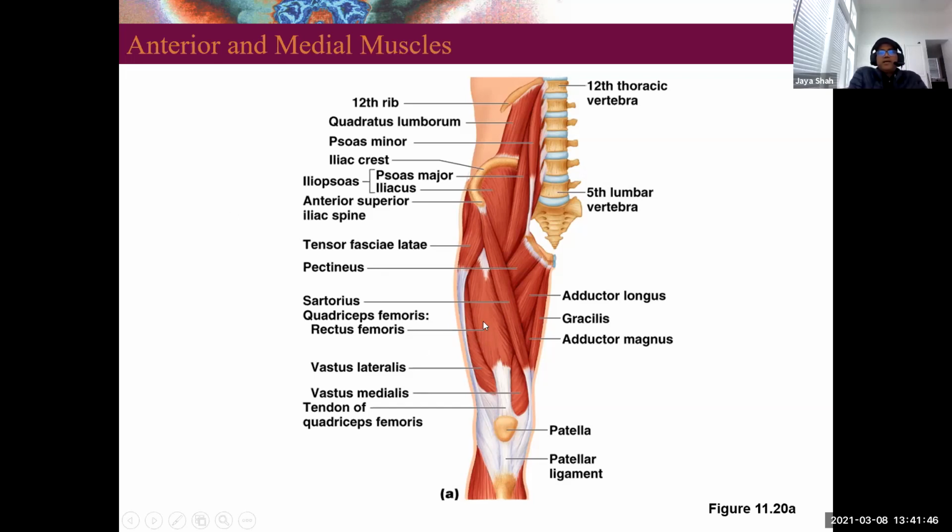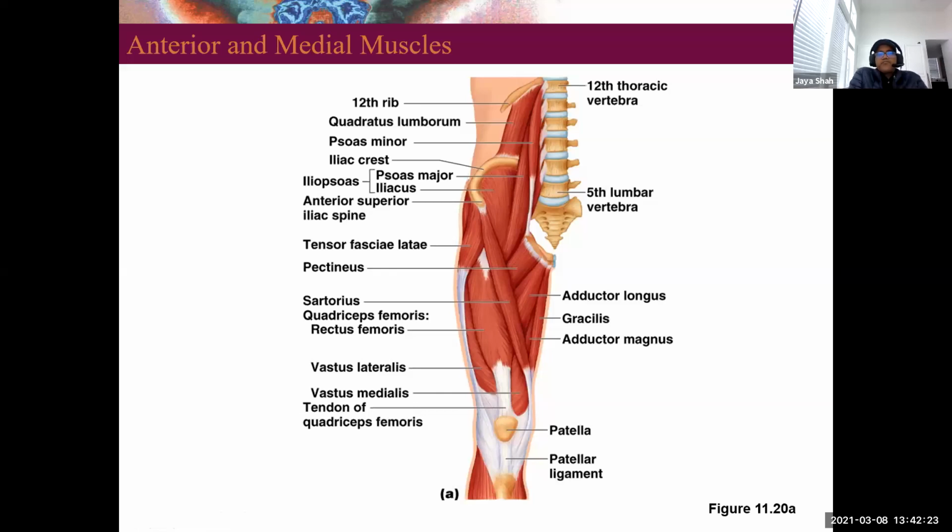They are rectus femoris and three vastus muscles. Laterally, deep to rectus femoris, is vastus lateralis, medially vastus medialis, and if you remove rectus femoris, underneath you see vastus intermedius. So these are the major thigh muscles. And then here is tensor fasciae latae, with a big tendon.